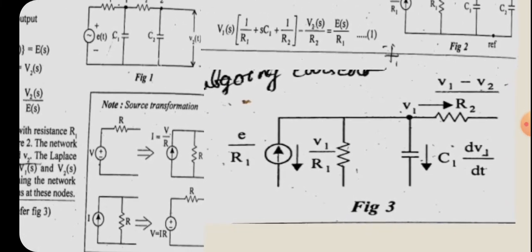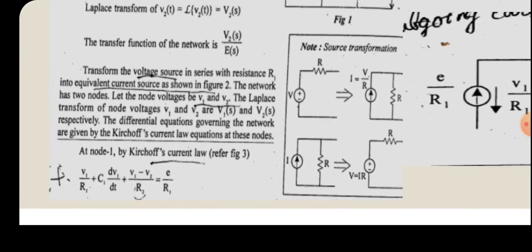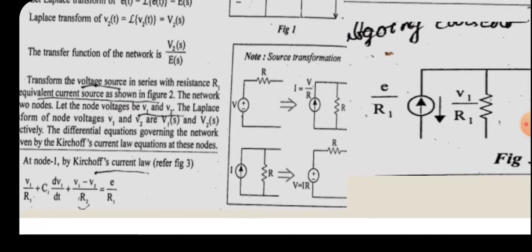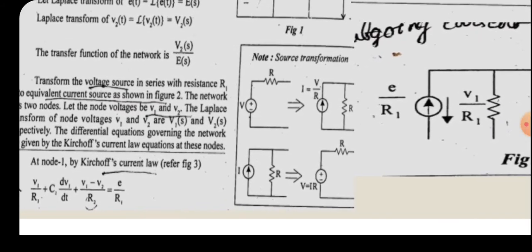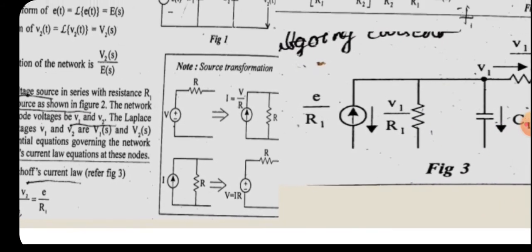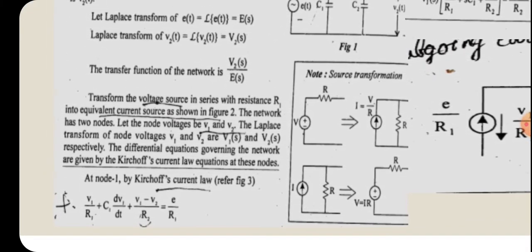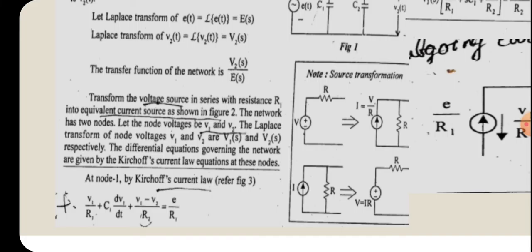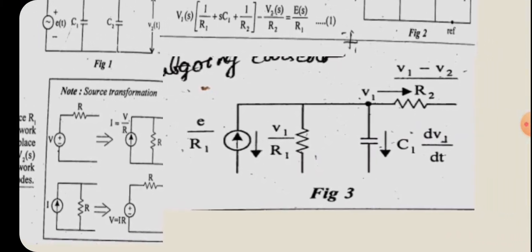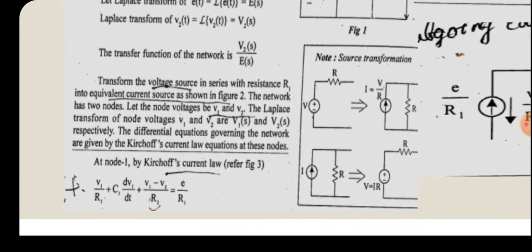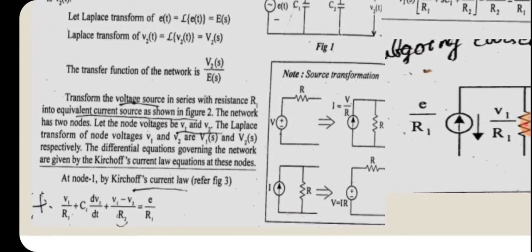We add all these currents, so we get the equation as V1 by R1, plus the next component C1 into dV1 by dt, plus the next, resistance R2, which we write as V1 minus V2 by R2.